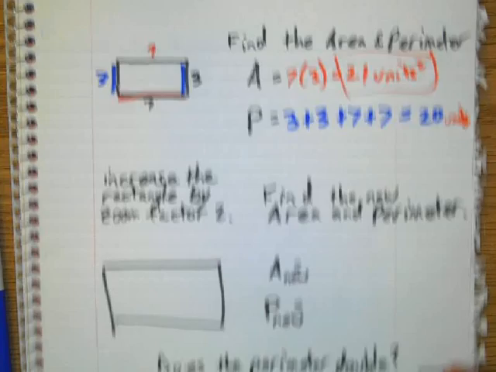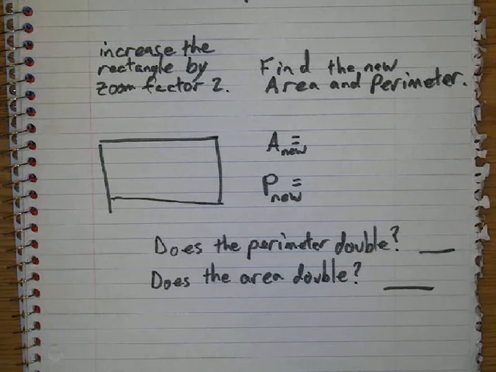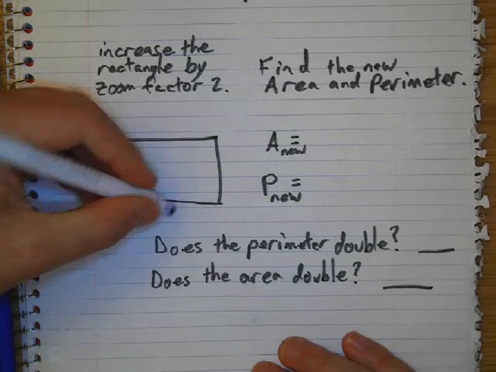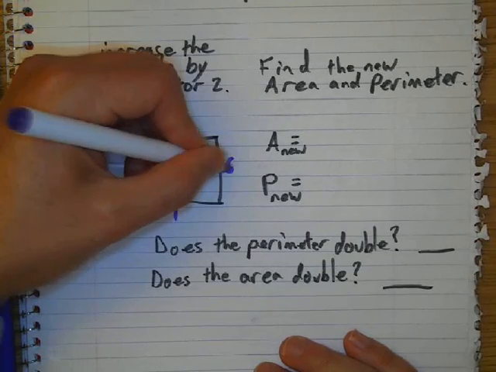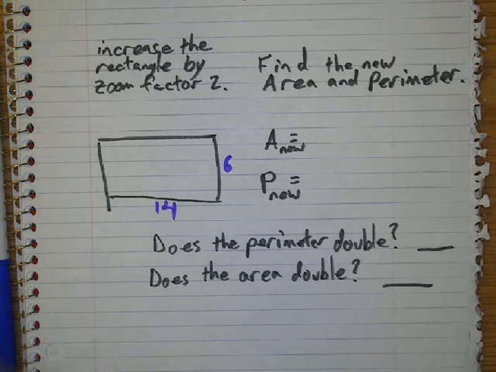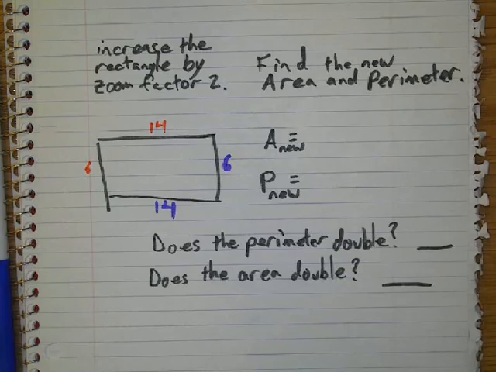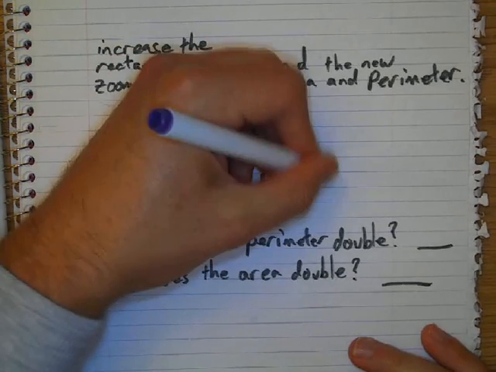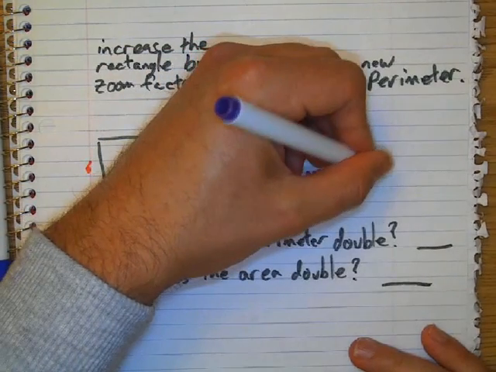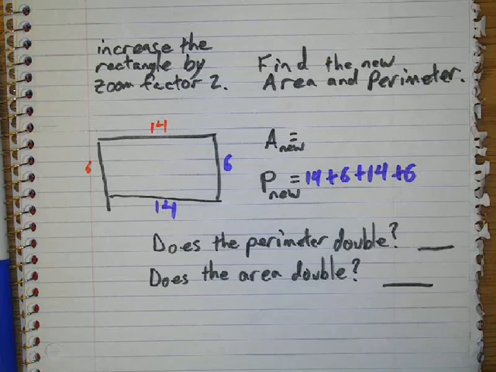Okay, now what if it's increased by a zoom factor of 2? Well, then this new length here is going to be 14, and this new length here is going to be 6. So the perimeter is, okay, so then this is also 14, and this is also 6. So the perimeter is going to be 14 plus 6 plus 14 plus 6, and we get 40.